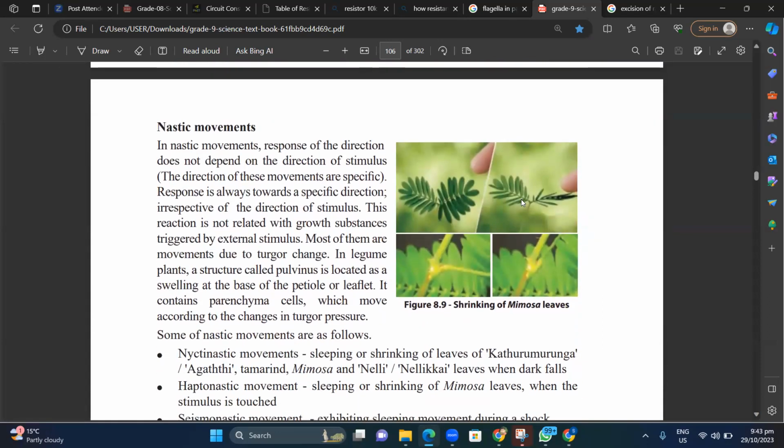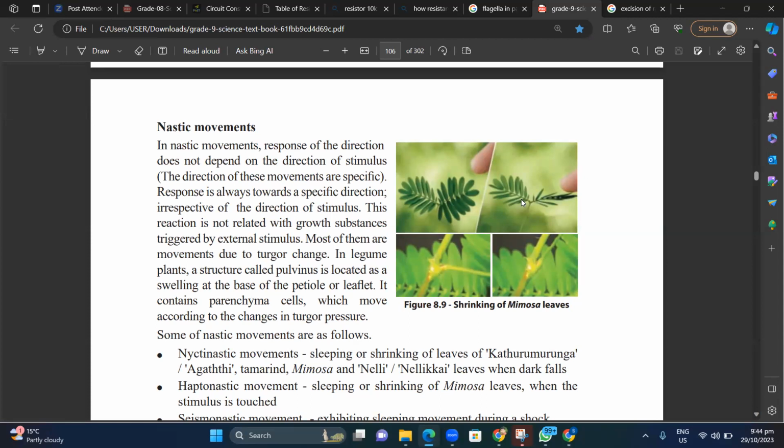Okay, what are the nastic movements? In mimosa plants, Nidikumba, nastic movements respond but do not depend on the direction. Basically here the mimosa plant is reacting to light also, but also to touch.